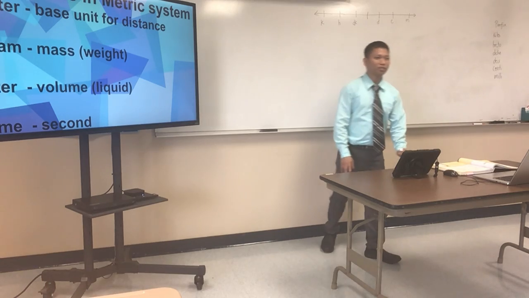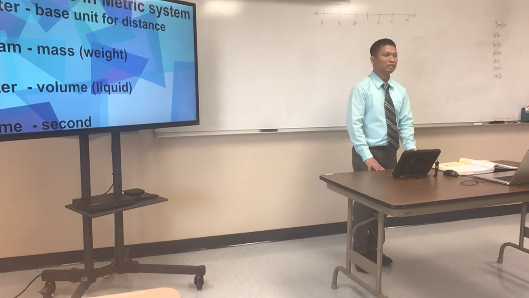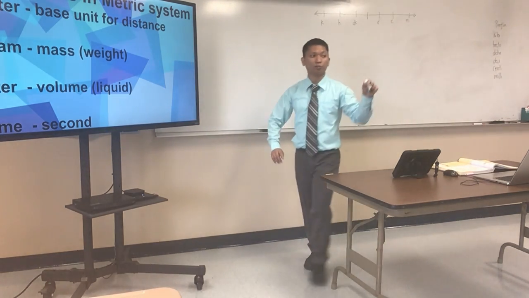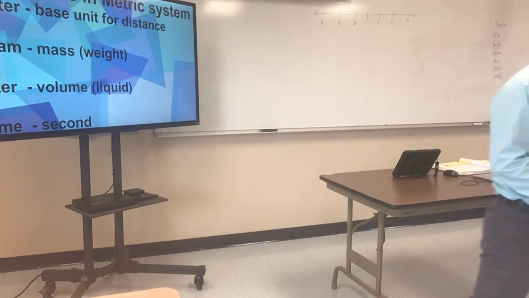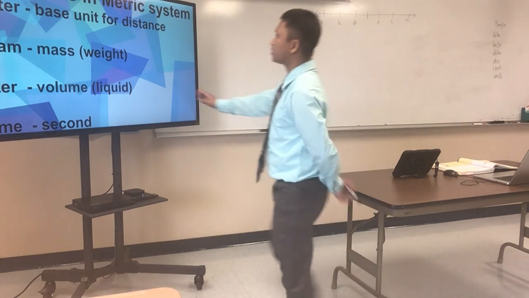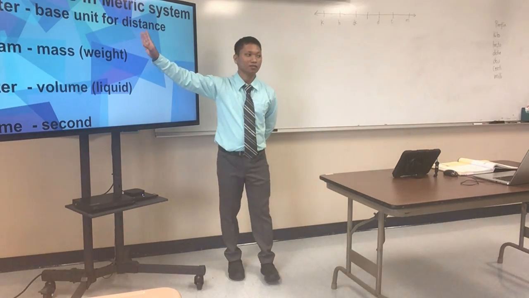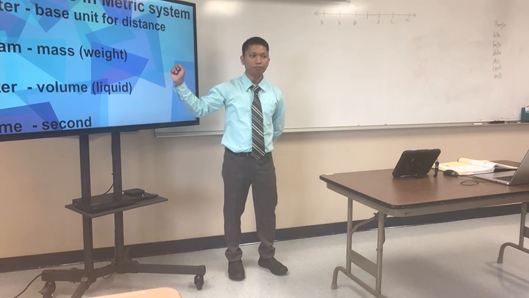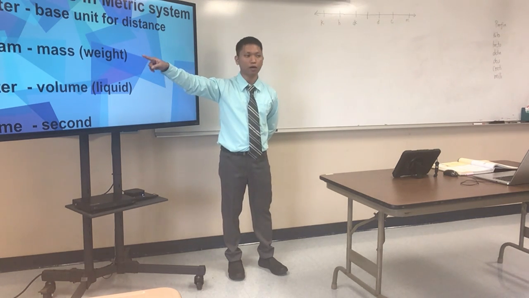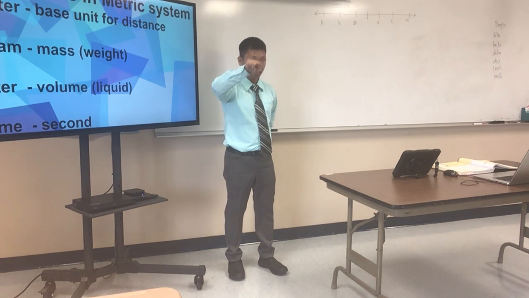So let's go first to the metric system of measurement. In the metric system, we have the base units. For distance, we have meter, or m. For mass, we have gram, like graham crackers.